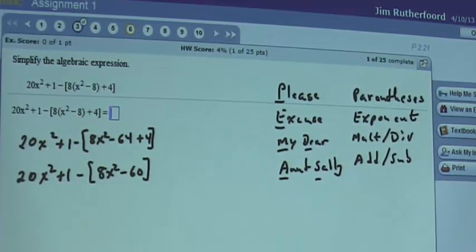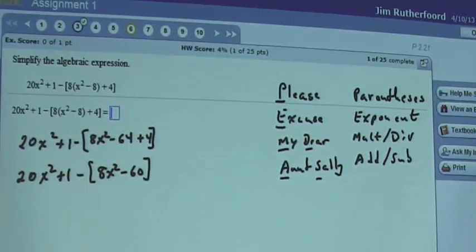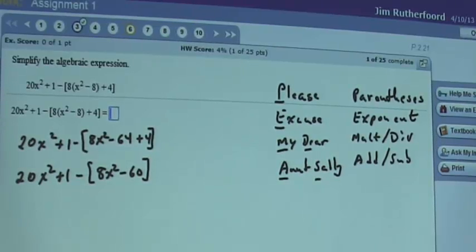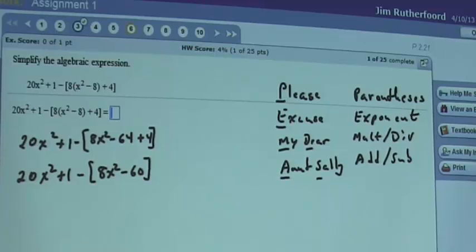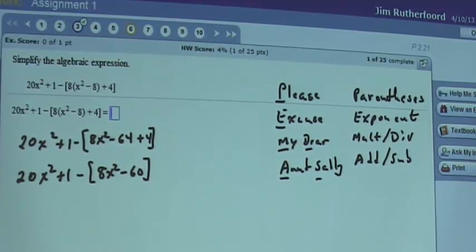Now what do I do? Well, I have a negative in front of that bracket. That means I need the additive inverse of what's in that bracket. Remember, the additive inverse is what you add to that to get to 0. So what would I add to the 8x squared minus 60 to get to 0?